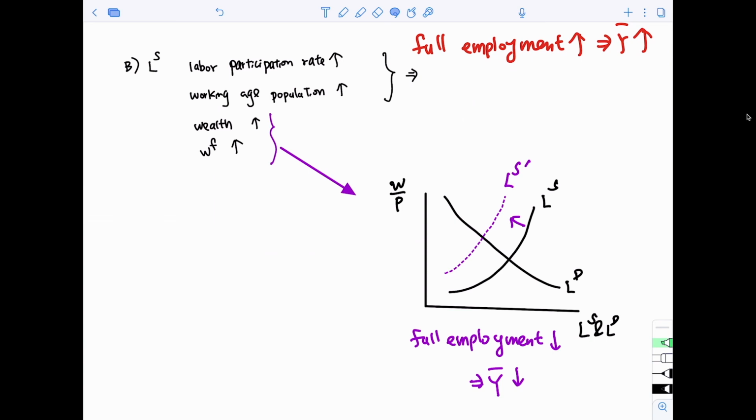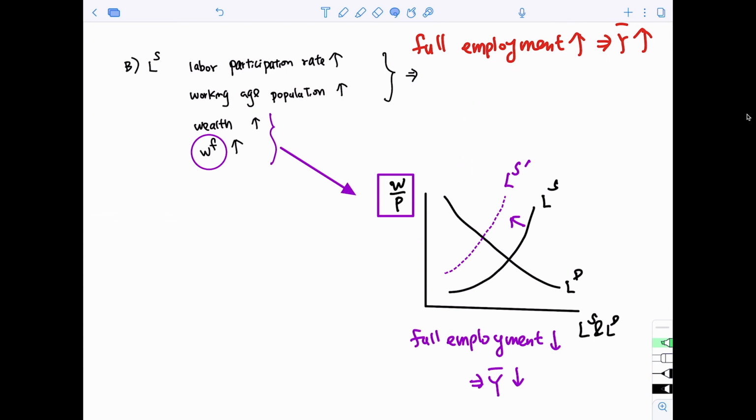Here, I want to emphasize a point: the wages we are talking about here are the future wages, but the wages in the labor market equilibrium diagram are the current wages. When the future wages increase, the current wages stay the same. Therefore, this wage increase will shift the labor supply curve.